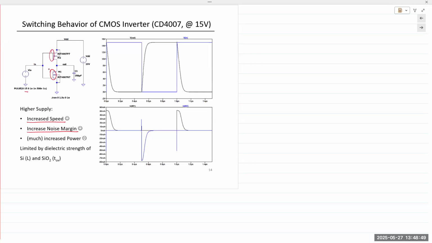But the downside of higher voltages is the power consumption increases, more energy is dissipated, and lots of heat is generated. Also, the oxide layer that is used as the insulator at the gate is very thin, and so that limits the amount of voltage you can apply as input to the gate.